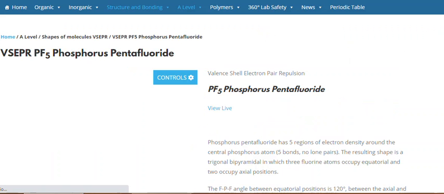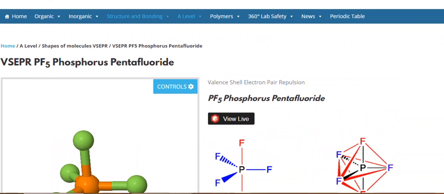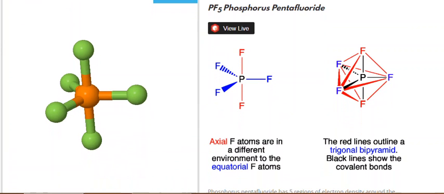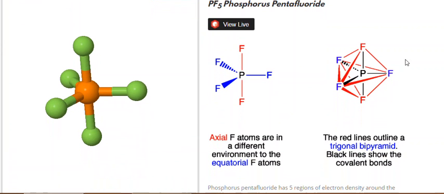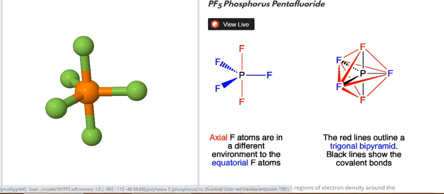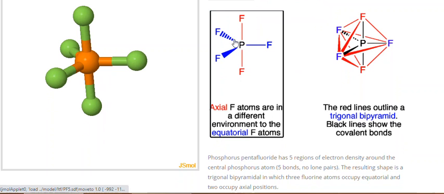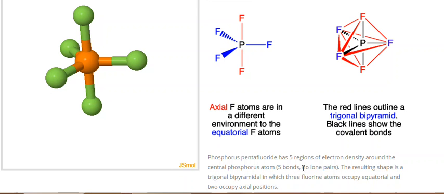Next is the molecule phosphorus pentafluoride. You can see the axial F atoms are in a different environment to the equatorial F atoms. Phosphorus pentafluoride has 5 regions of electron density around the central phosphorus: 5 bonds and no lone pairs.